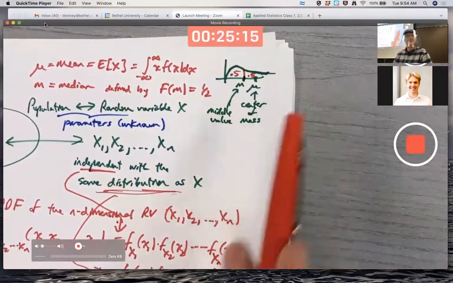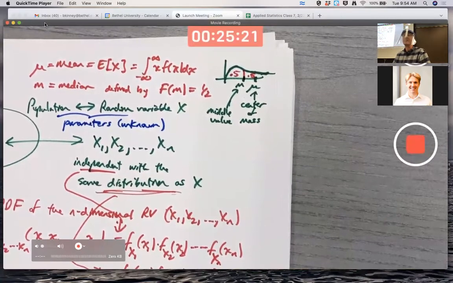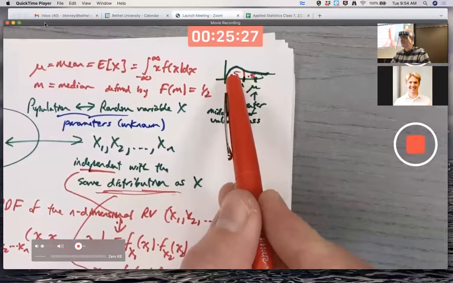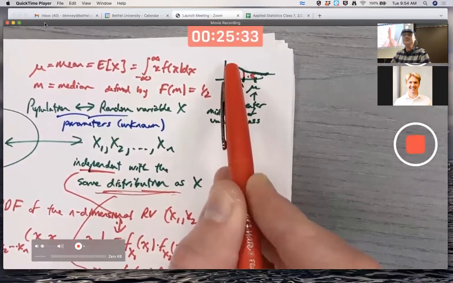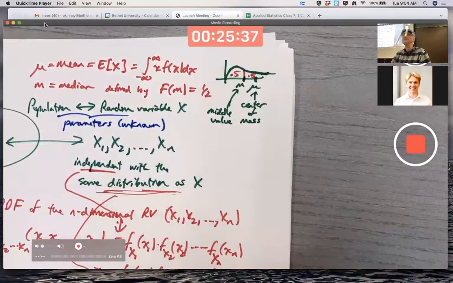Of course, if the distribution is symmetric, like a normal distribution, then the median and the mean are the same thing. The mode, for a continuous distribution like this, is the location or locations where the highest value of the PDF is, where the probability density is greatest.